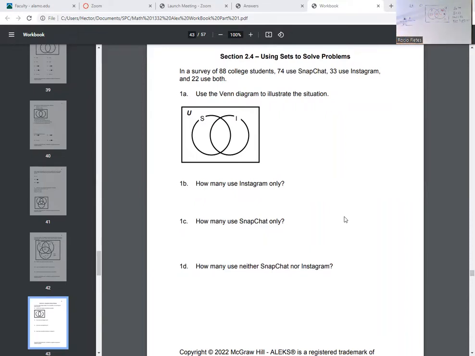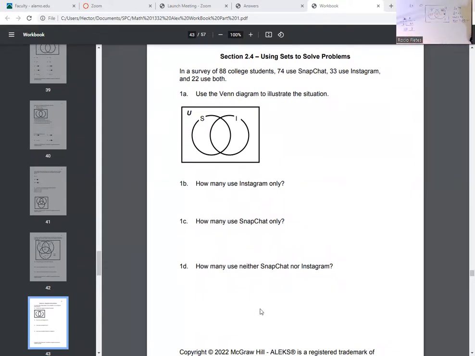1C is asking us how many use Snapchat only. So we're going to do exactly the same thing. Snapchat only is outside of the overlap, so that's going to be 52, right? 1C is 52. And then 1D is asking how many use neither Snapchat nor Instagram. That's the area outside of S and I, and that's going to be 3.